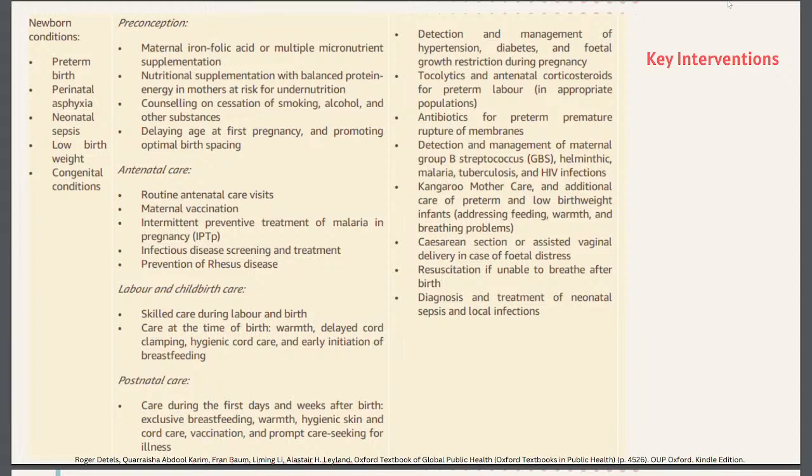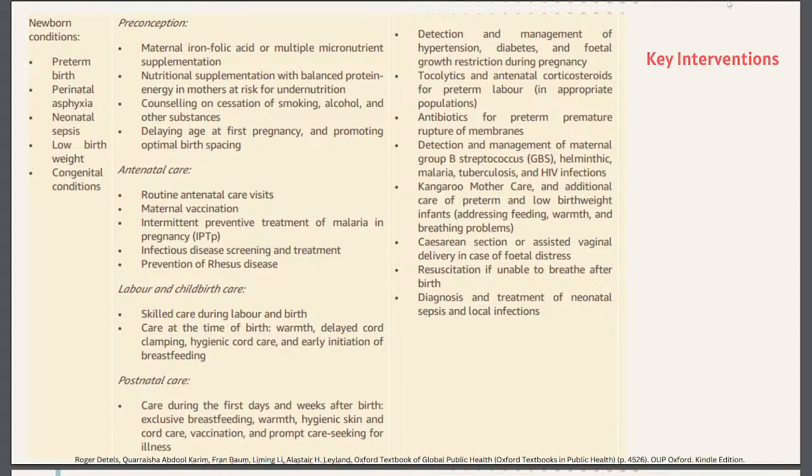So these are the biological mechanisms that you will understand over the course of your studies, and these interventions have to be put in place at various levels so that these deaths are reduced. And what needs to be done in postnatal care is care during the first days and weeks after birth, including exclusive breastfeeding, that is, anything other than breast milk should not be given to the child, not even water.